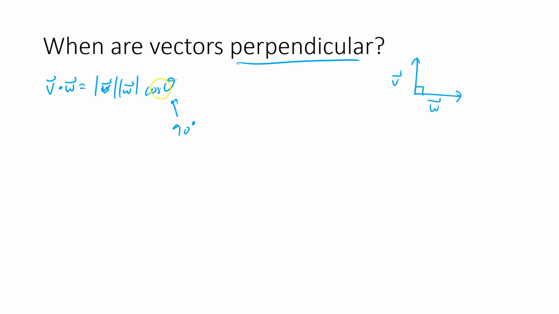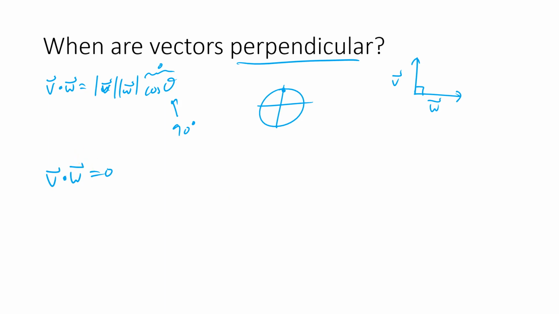Let's think about this. Cosine of 90, what is the x-coordinate at the top of the circle? It's 0. So if you have perpendicular vectors, that means that this piece is 0, multiplied by the magnitudes, doesn't matter what they are, is going to make 0. So what does that mean? That means that v dot w is equal to 0.